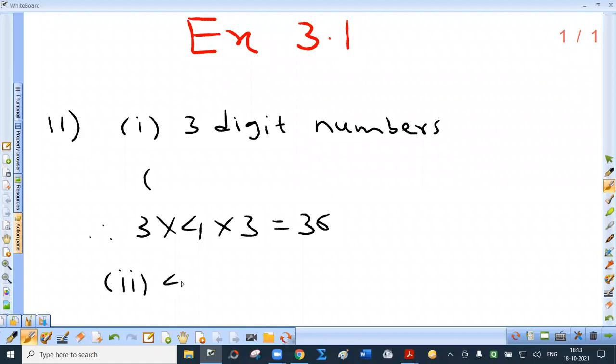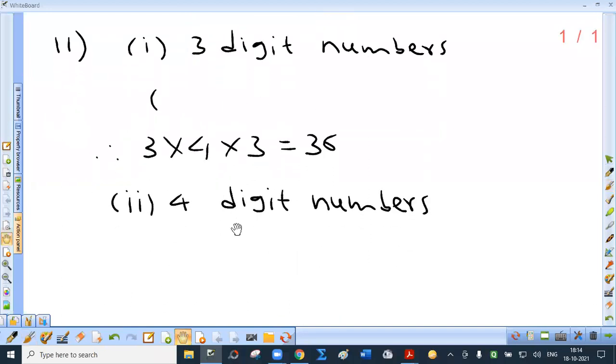Number 2, 4-digit numbers. Here, thousands place can be filled in 5, comma, hundreds place in... I'm sorry.